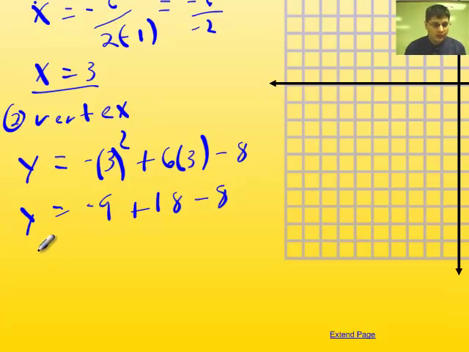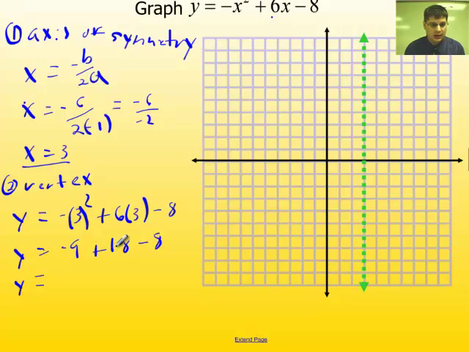Now we're going to work that out. Negative 9 plus 18 is 9. Minus 8 is going to give us 1. So my vertex is located at 3, 1.